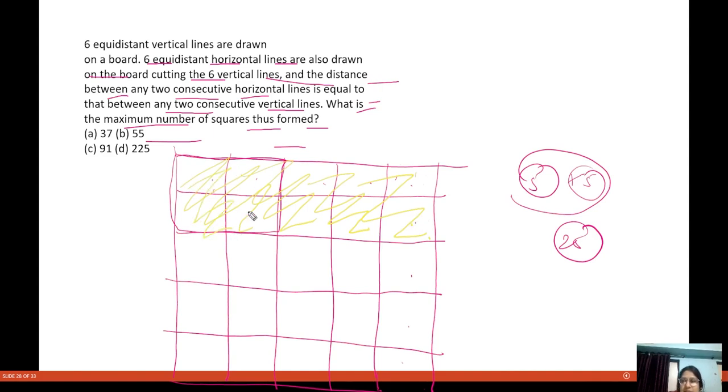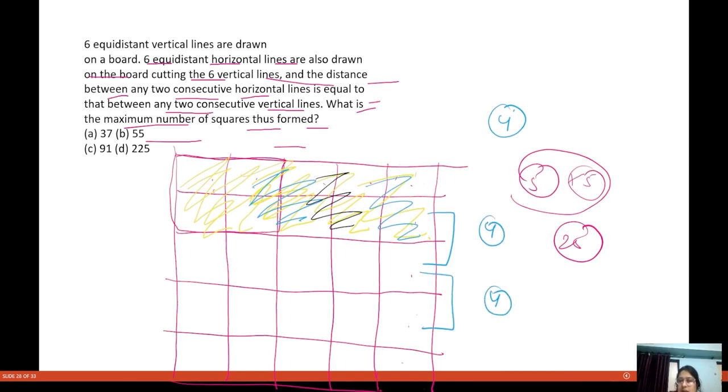One square is this one, another square is this one, another is this one, and another is this one. So for these two rows you are getting 4 squares. For these two rows also you will get 4 squares, and for each of the remaining pairs of rows also you will get 4 squares.